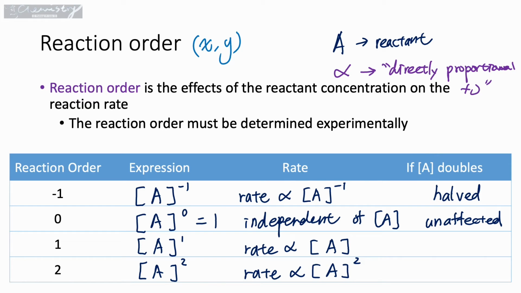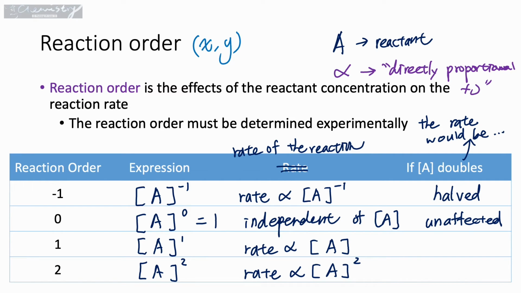Okay, let me rewrite the heading. So the rate of the reaction, if A doubles, the rate would be halved, unaffected.